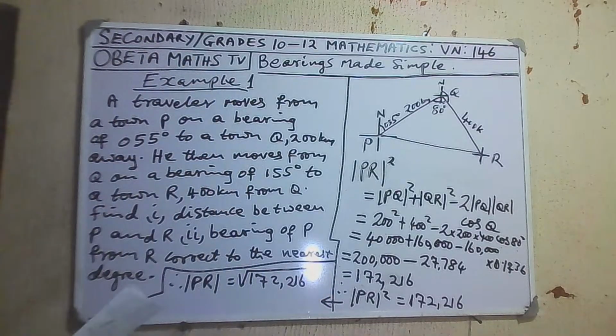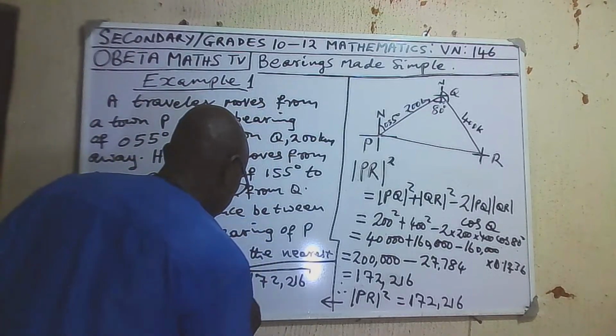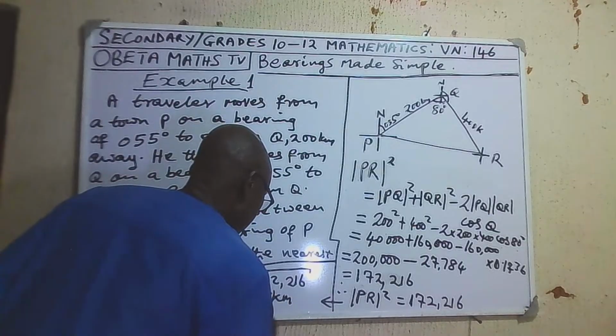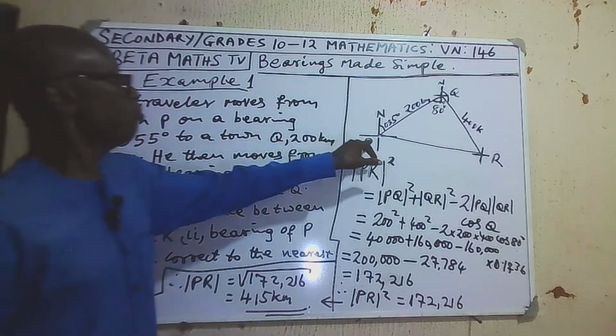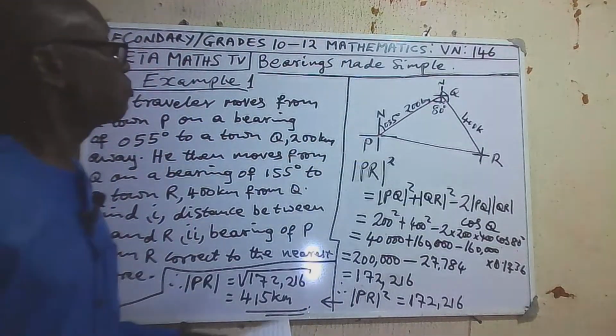Again, if you use your calculator, that will give us 415 kilometers. So that's the distance from P to R.